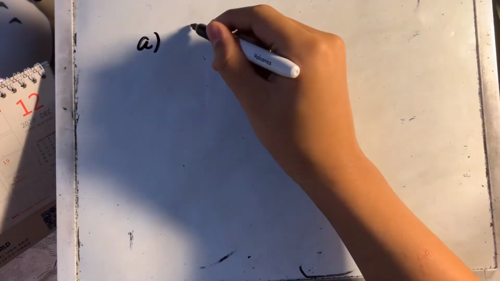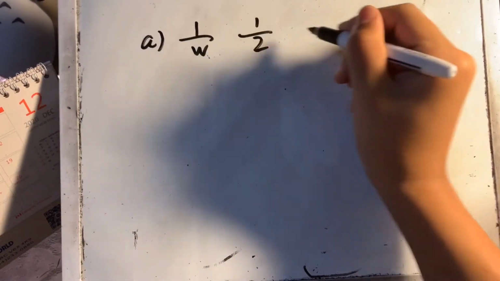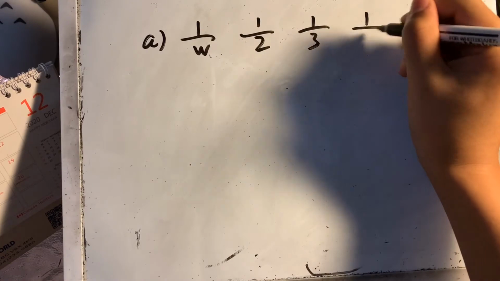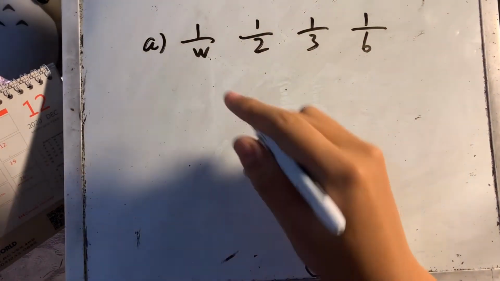Determine a real number W such that this, and this is an arithmetic sequence.